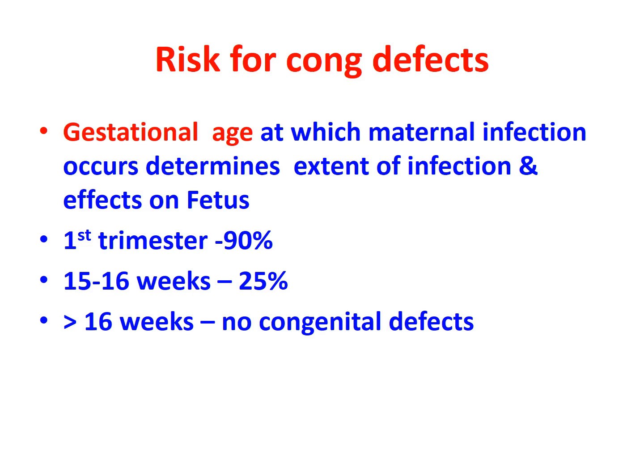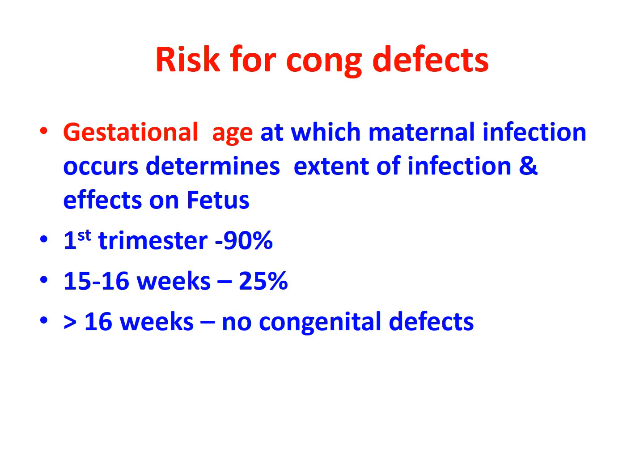So gestation age is very important. Gestation age at which maternal infection occurs determines the extent of the malformations occurring in the fetus. If the mother has rubella infection in the first trimester of pregnancy, 90% of fetuses are born with malformations of multiple organs.